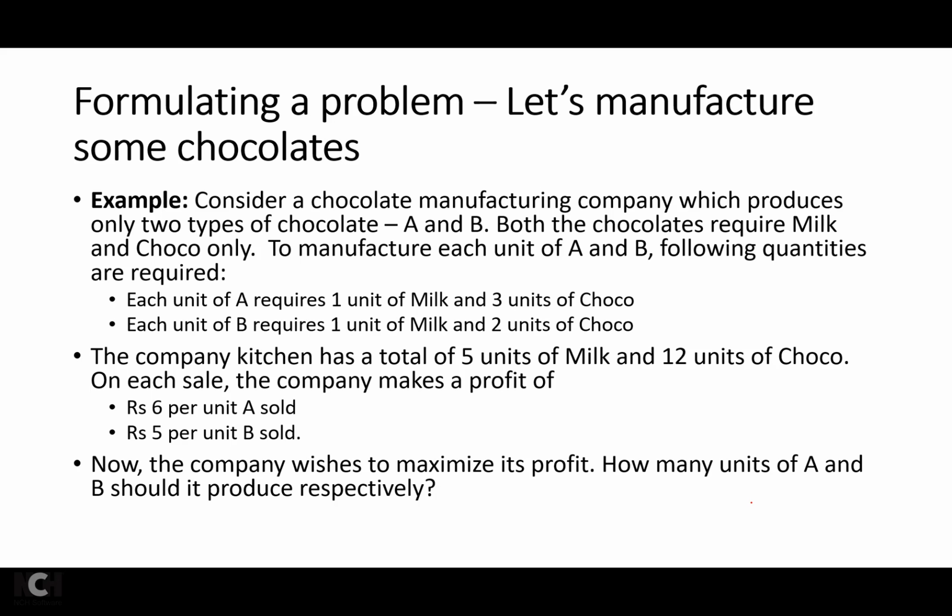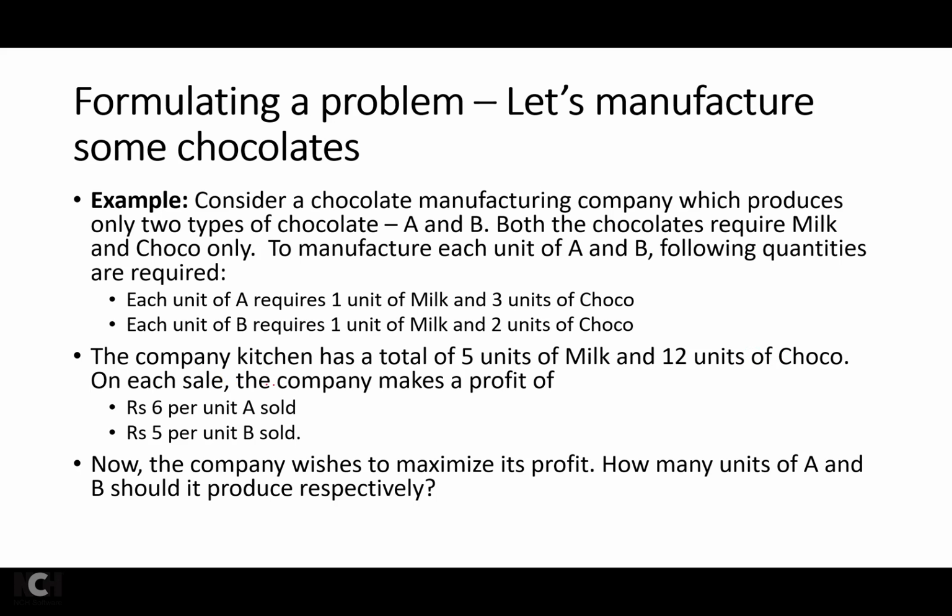Each unit of A requires 1 unit of milk and 3 units of cocoa. Each unit of B requires 1 unit of milk and 2 units of cocoa. The company kitchen has a total of 5 units of milk and 12 units of cocoa.